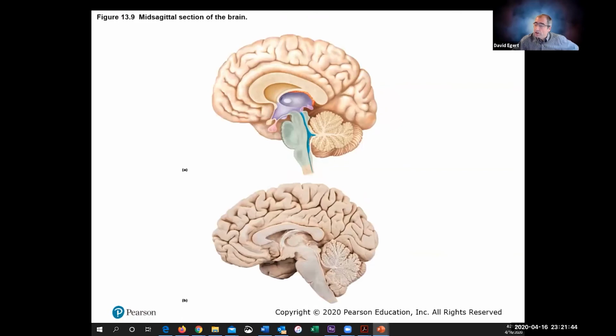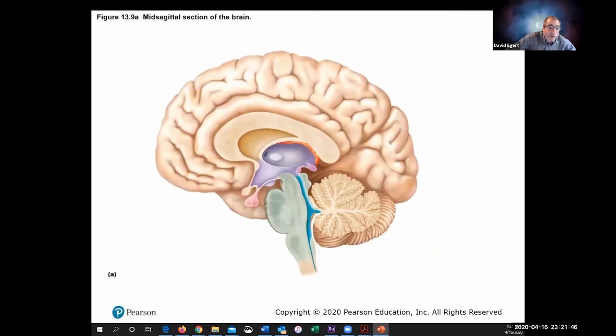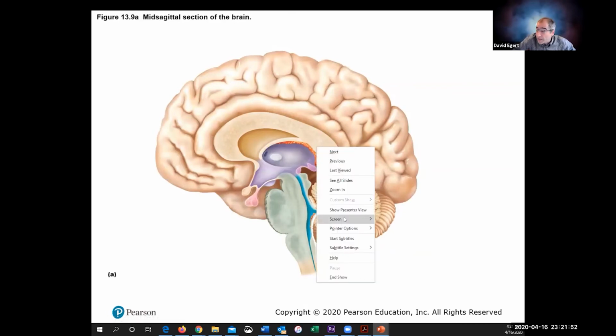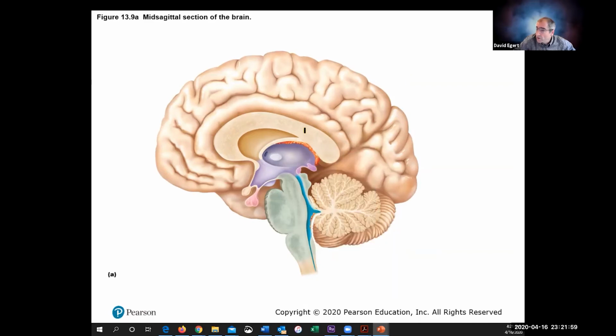It's different when you look at it and read the label and think, well, I knew that. Now when I say, what is this? It doesn't say it's the corpus callosum. So you have to really know it.